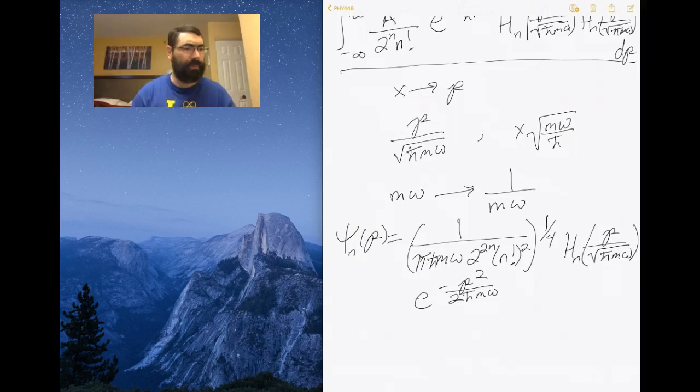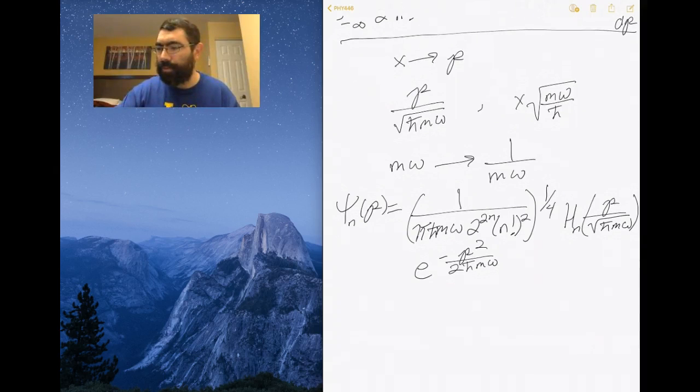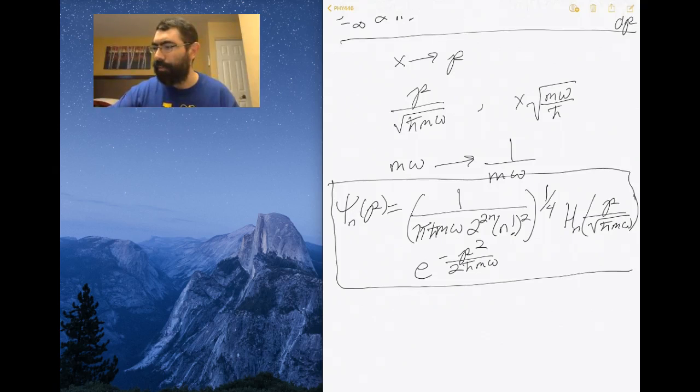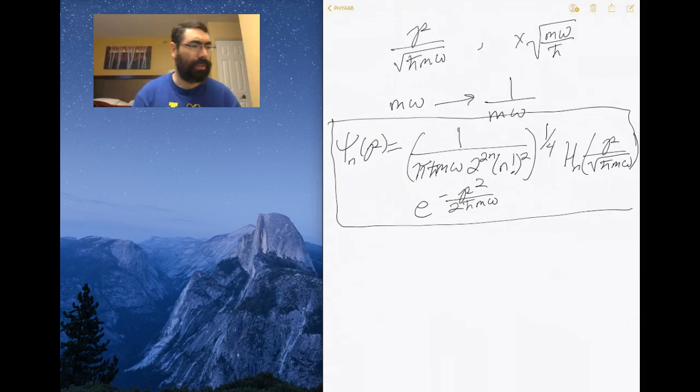So we now have a general solution for the wave function in terms of the momentum, which is very similar in shape to the one for position x, except now it's in terms of momentum and the normalization constant is slightly different.